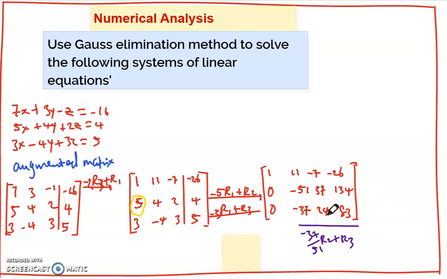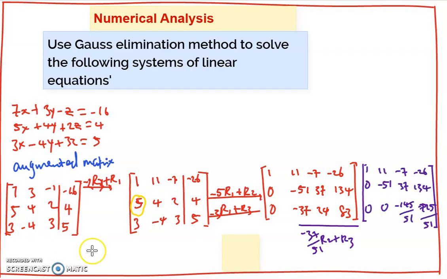For 24 we will simply have -144, and if we divide 145 by 51, we will get negative 725 divided by 51. So let's have that down.